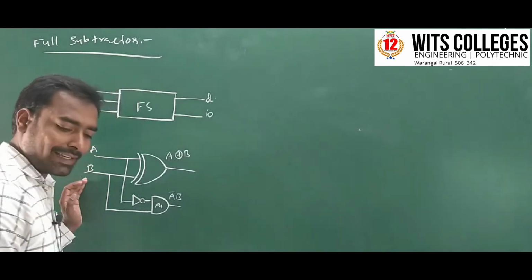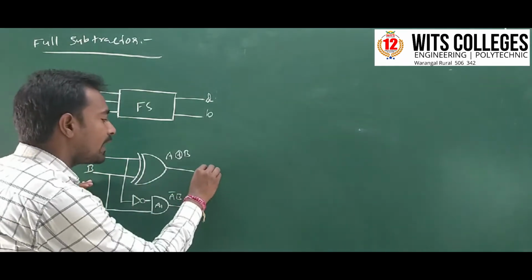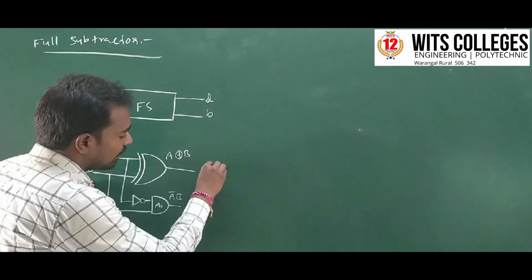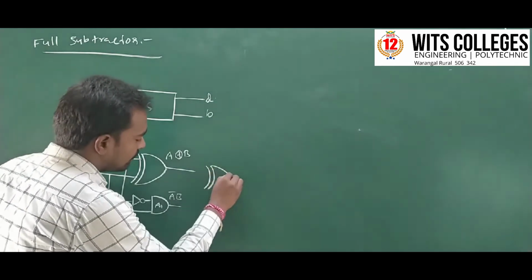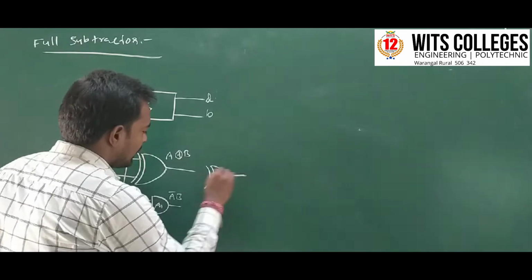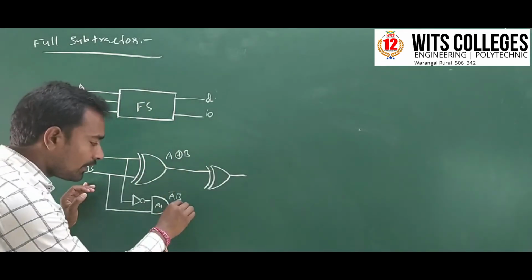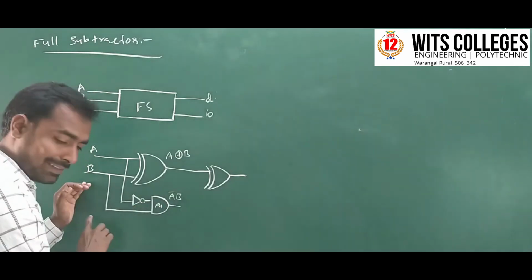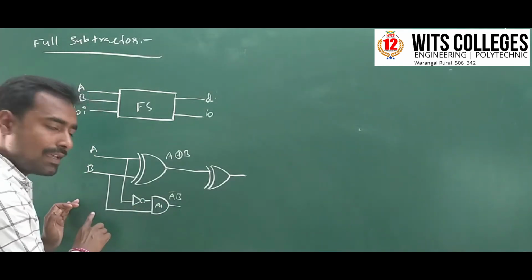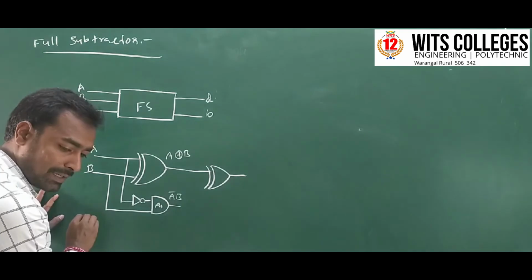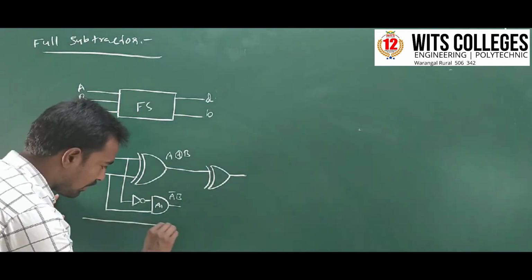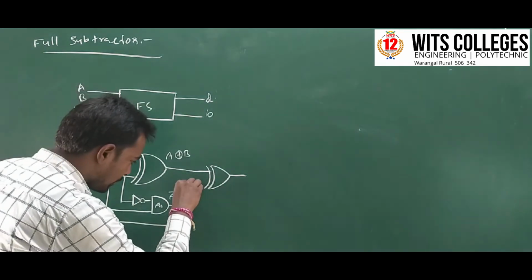And here I am connecting another exclusive OR gate, and this output is connected to this one, and here we are taking the C input, or borrow input.